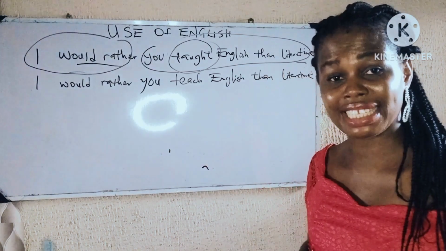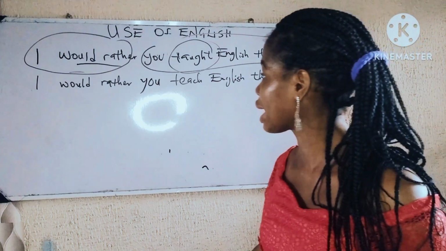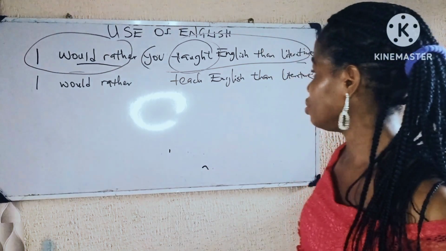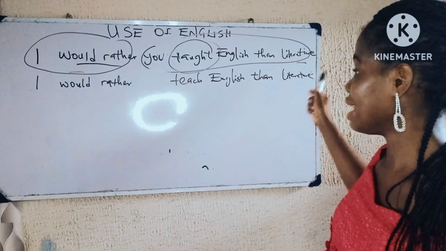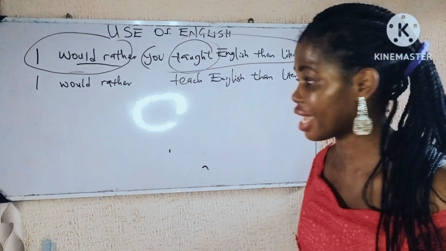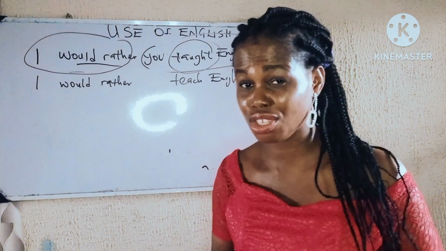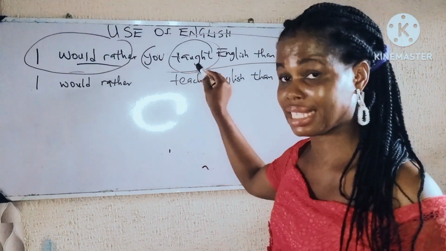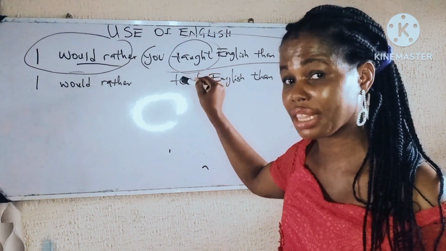To make the sentence correct, what I will do is to clean off you. I would rather teach English than literature. But when it contains two different subjects, the verb is going to be in the past tense.